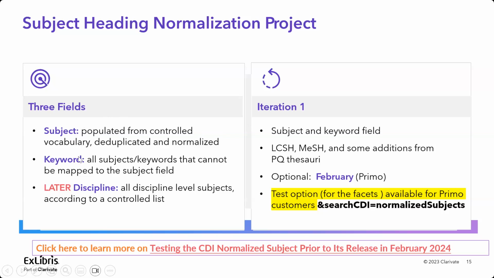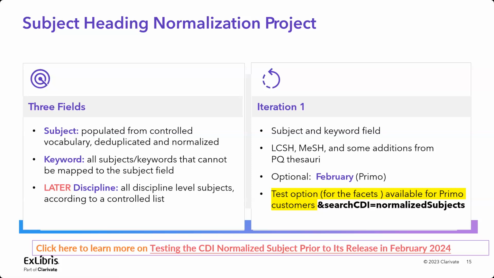We name it keyword. Okay. In terms of searching, if you choose to search for a term, either one that is considered a normalized subject or the old one, all of those are being indexed for search. So nothing is getting lost while searching.